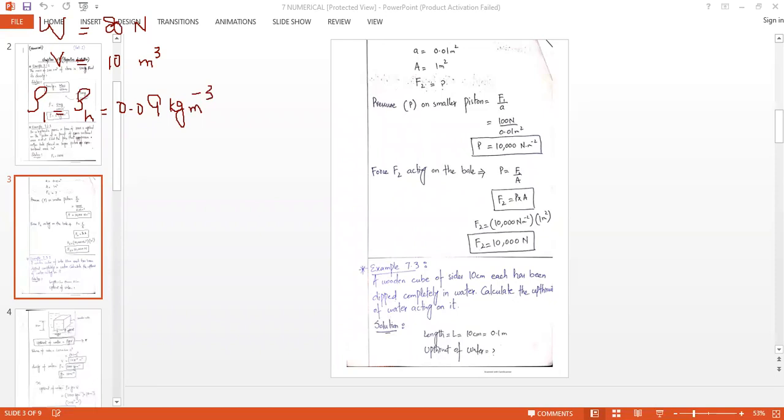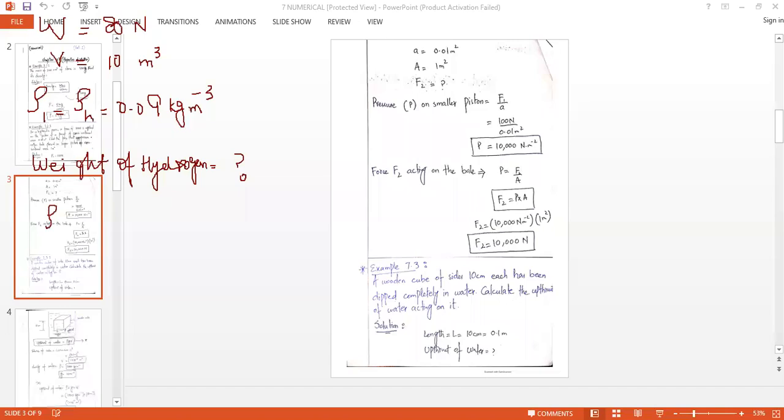So first we have to find the weight of hydrogen. The weight of hydrogen is to be found.